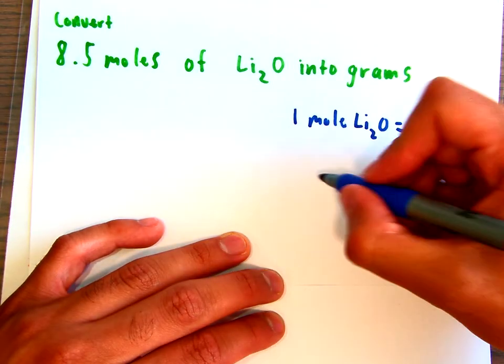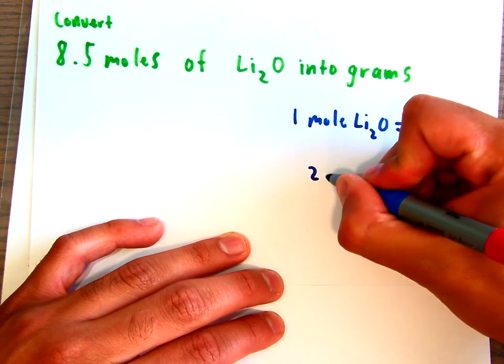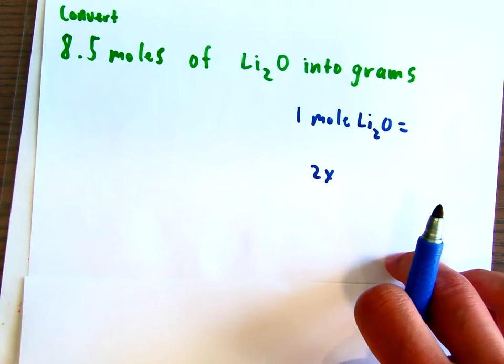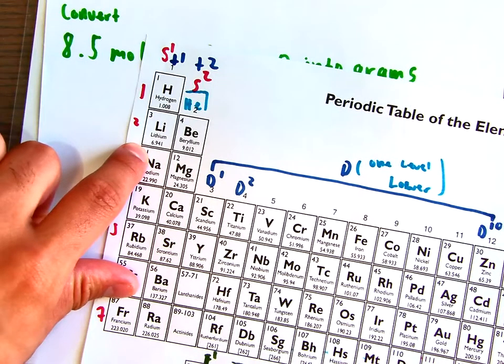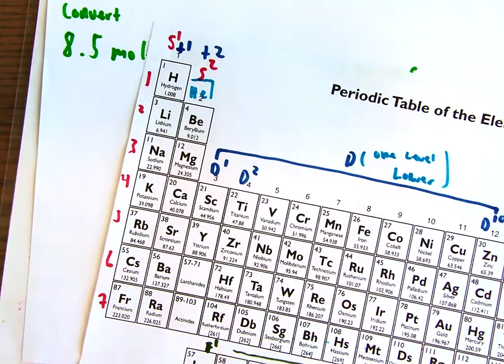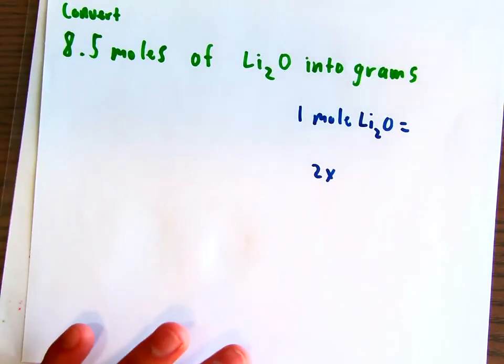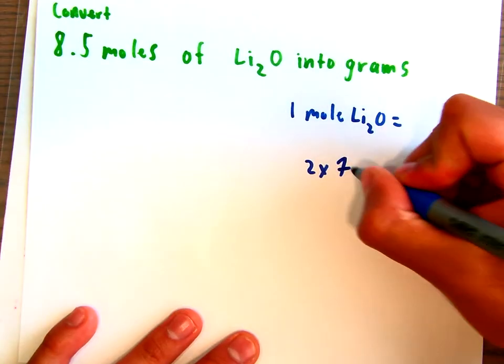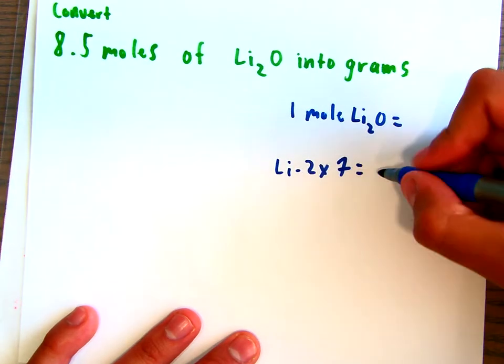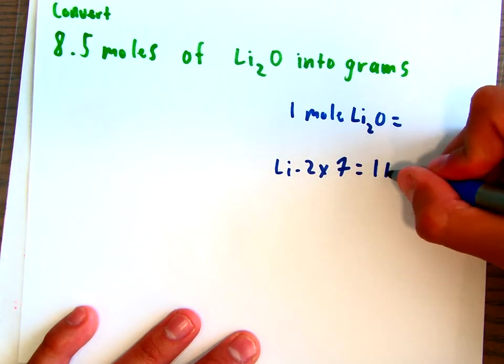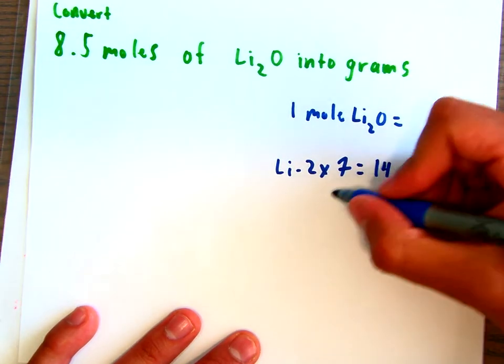Well, lithium, I have 2 lithium, and the molar mass of lithium is, if you look at our periodic table, 6.941. Let's round that. That's going to be 7. Which would give me 2 times 7, which is 14. What about oxygen?